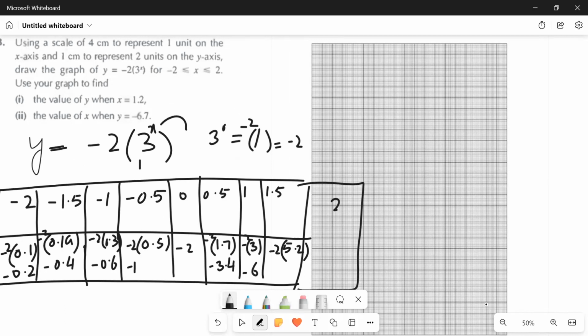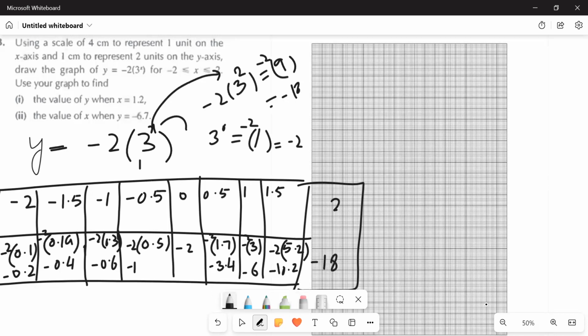This is -6, and then 5.2 multiplied by -2 is -10.2. Now if we put directly the x value, at the place of x we put 2, so it is 9, and 9 multiplied by -2 is -18. So for 2 it is -18.